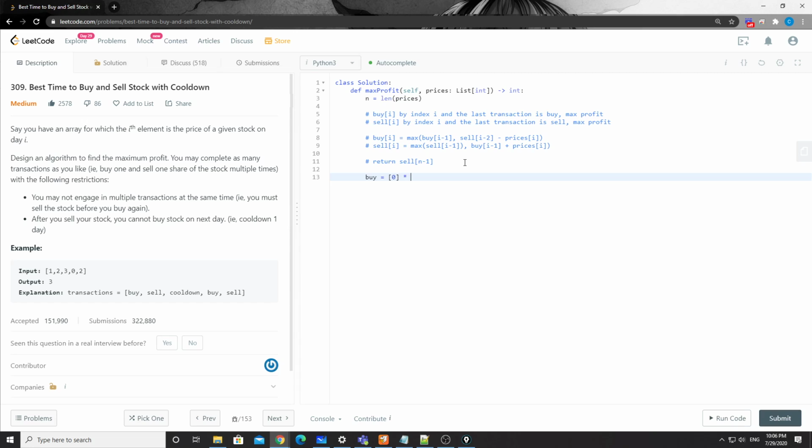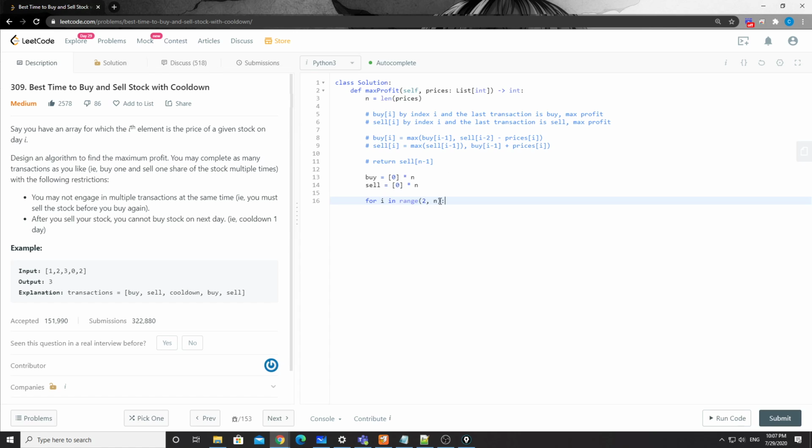buy[0], okay, with n, right? And sell[0] with n. And as you can see here, since for the sell we're going back to i - 2, it basically tells us we have to start from 2 to n, right?